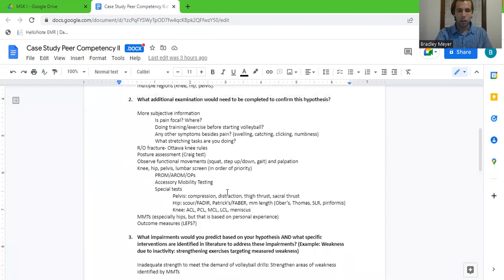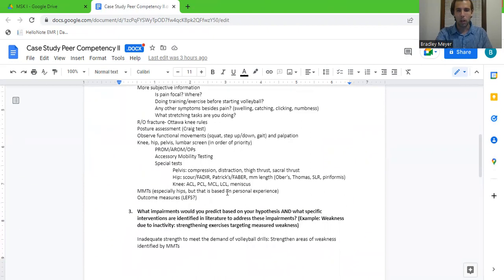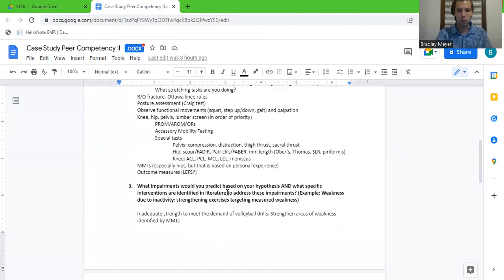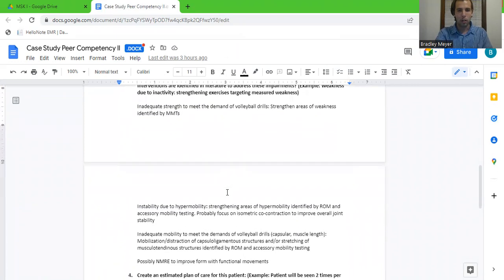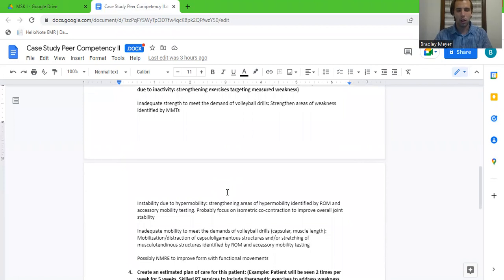And then lastly, have her fill out some outcome measures. So something like the LEFS might be useful in this. Some impairments that I thought I might see with this patient are inadequate strength to meet the demand of volleyball drills.